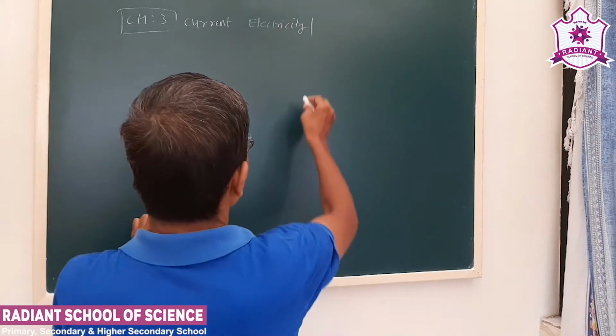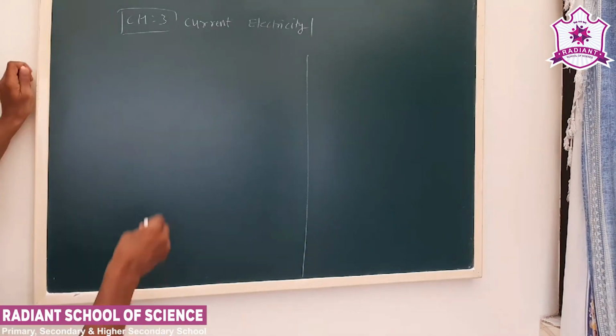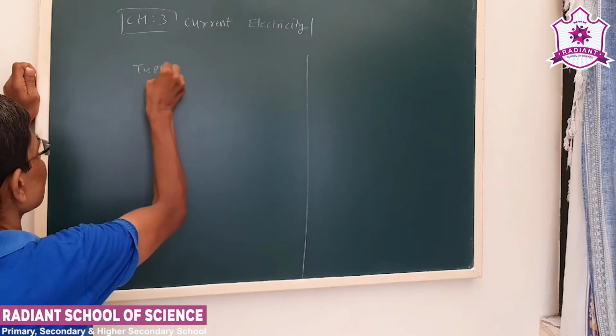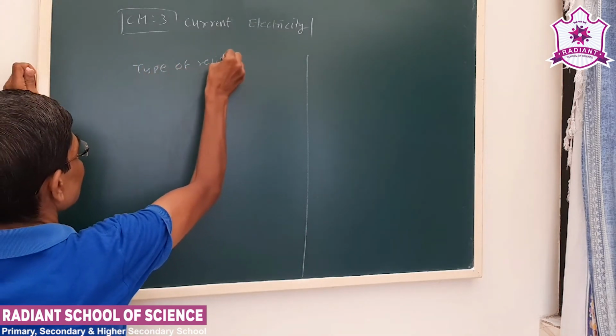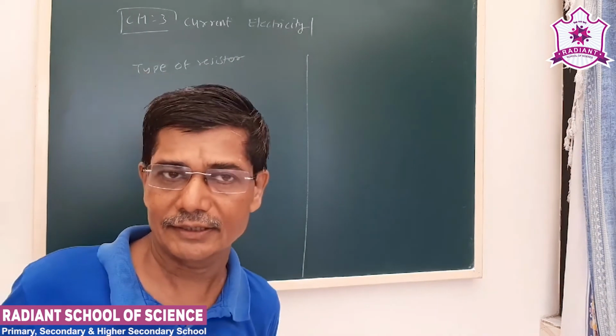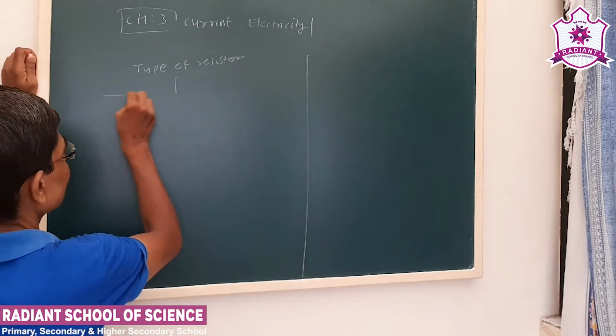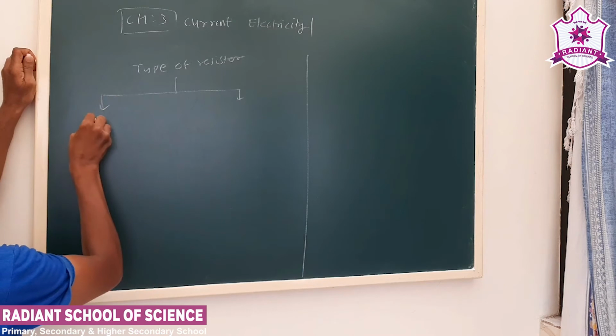Now next we have to see the types of resistance. Resistor. Okay, we are familiar that resistance is a property and resistor is a device. Resistor is a device we see in a number of electrical or electronic circuits. See, two types of resistor. One is a wire wound resistor.